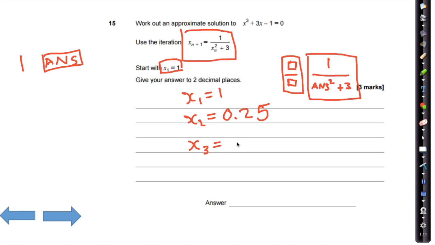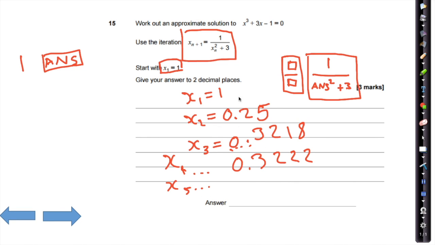You can just press equals. Eventually, that will give you the numbers 0.3218 and 0.3222. Make sure that however far you go, x4, x5, you're writing each number that turns up. All you have to do is press equals and it gives you the number.